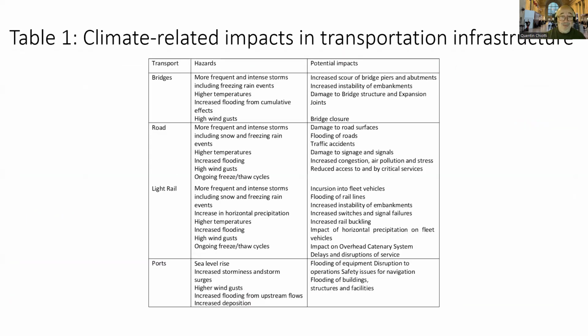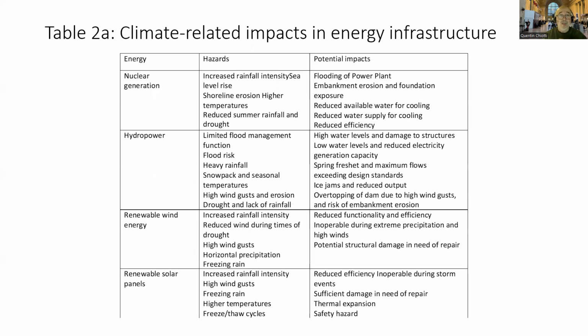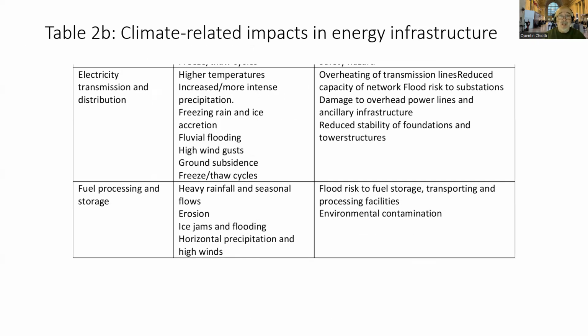So with that, going back over the case study again, there are examples for you to draw from, things to help you in terms of figuring out what assets you should be looking at and how they may or may not interact with the different climate hazards. So table 1, table 2A and 2B for transportation and energy.